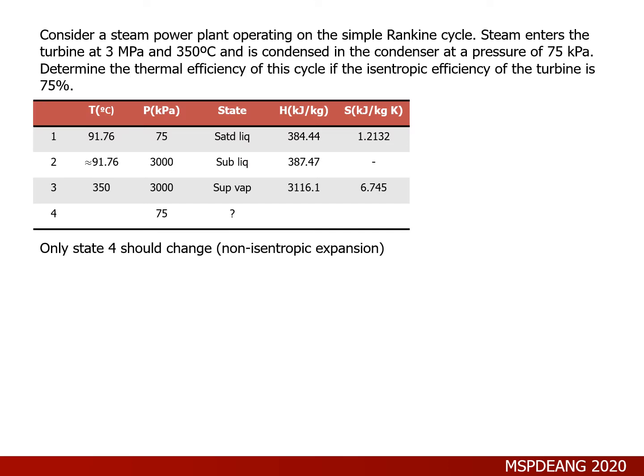So let's now consider the same example as before, but this time we have an isentropic efficiency of the turbine which is now 75%. So only our state 4 will change. We have to figure out the actual new enthalpy and entropy, and maybe even the temperature.